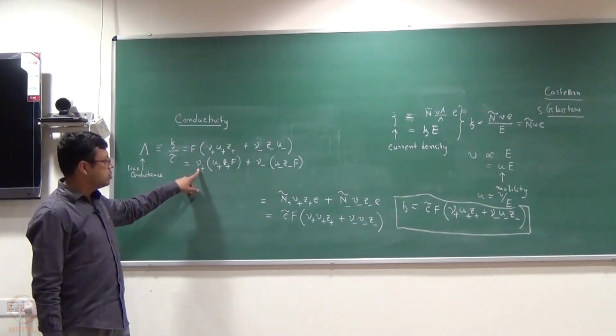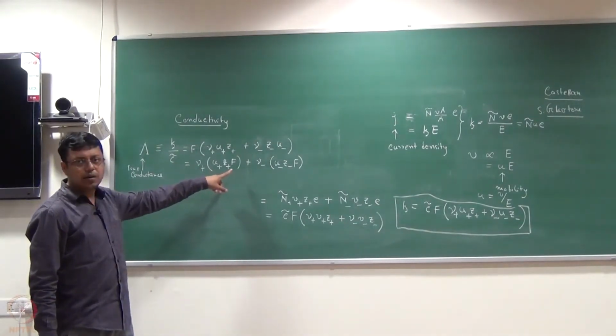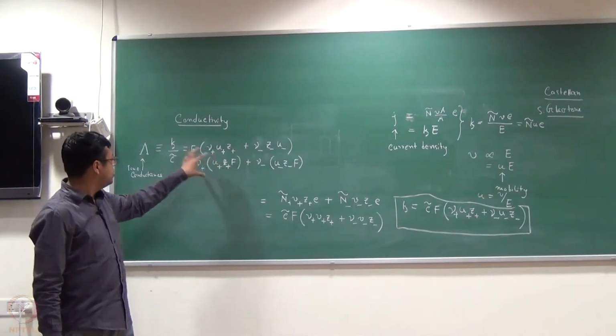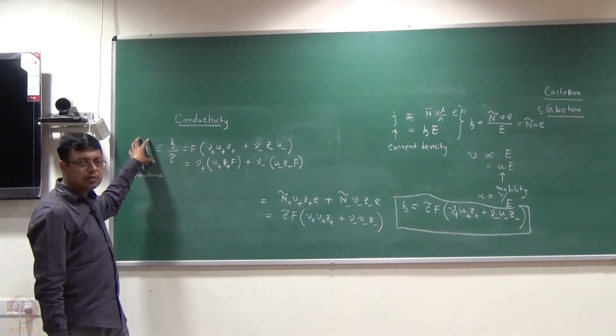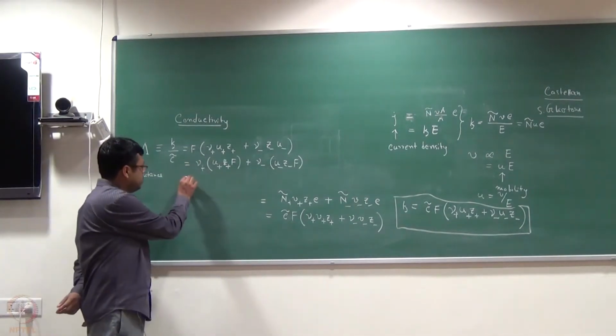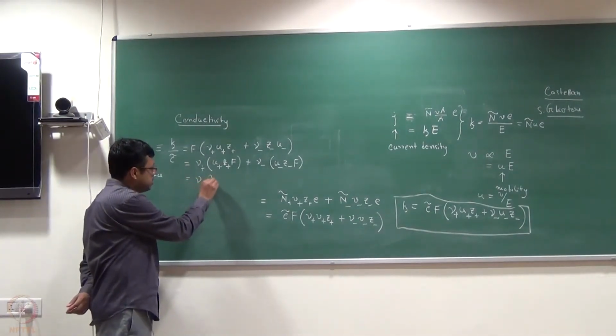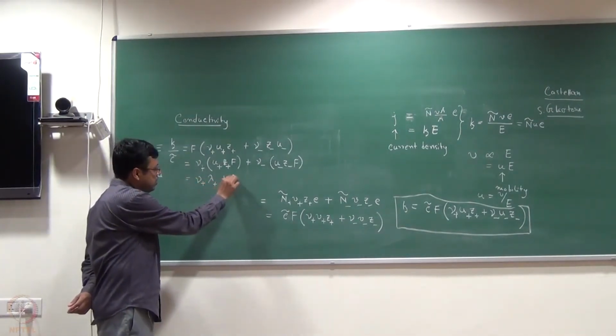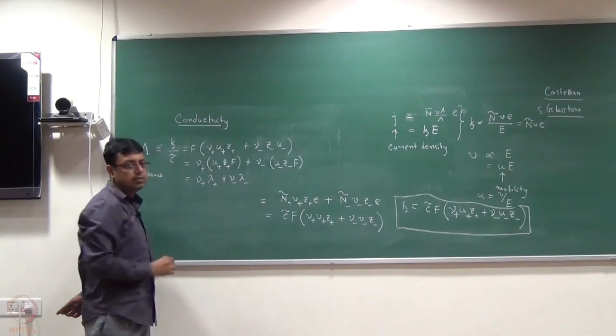So this quantity we call the contribution to lambda, the ionic conductance, given by the cation. So we write it as nu plus lambda plus and nu minus lambda minus.